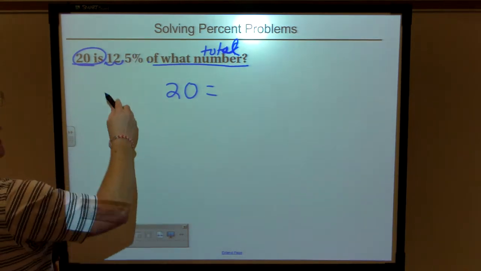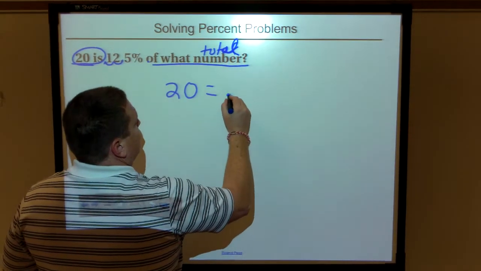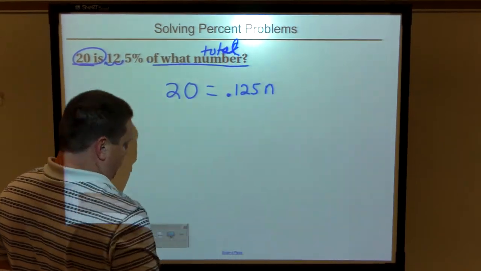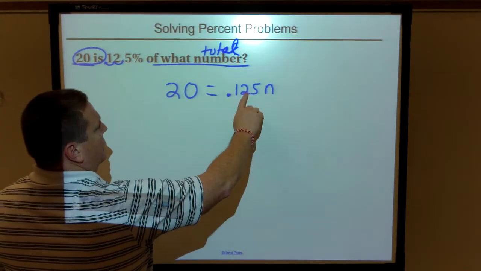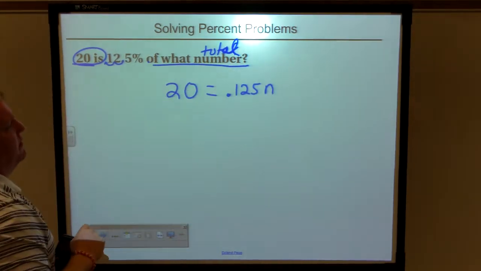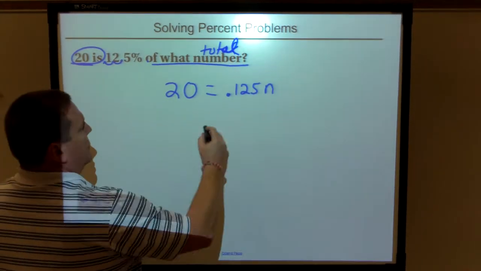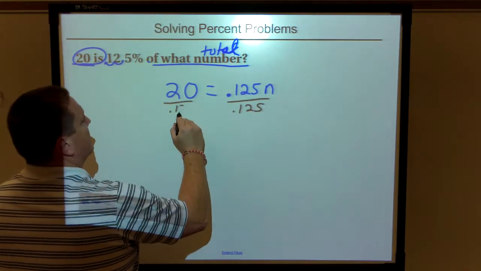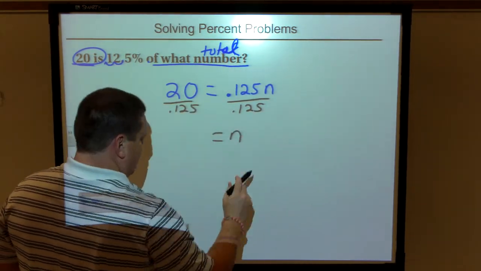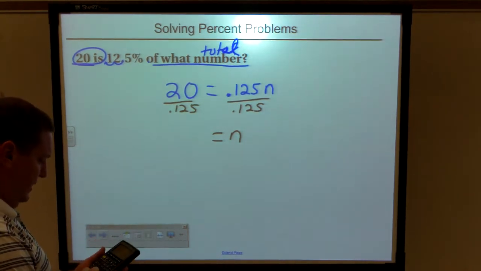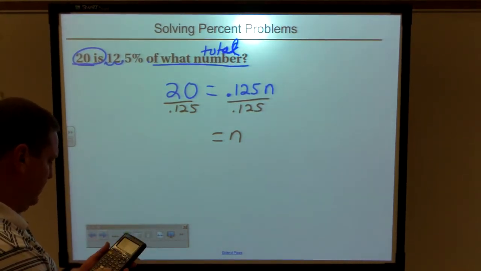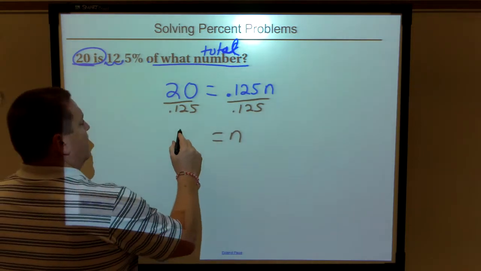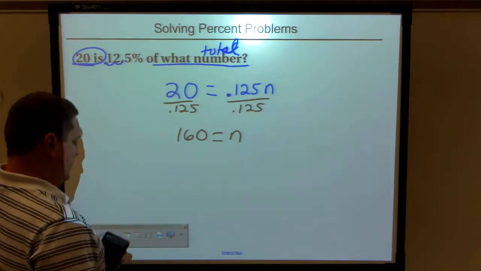So 12.5% in decimal form is actually 0.125 times some number. So the 12.5% times the total will give us the part that is 20. So we're going to divide both sides by 0.125 or 12.5%. Make sure you use a calculator. So 20 divided by 0.125, and we get a total value of 160.